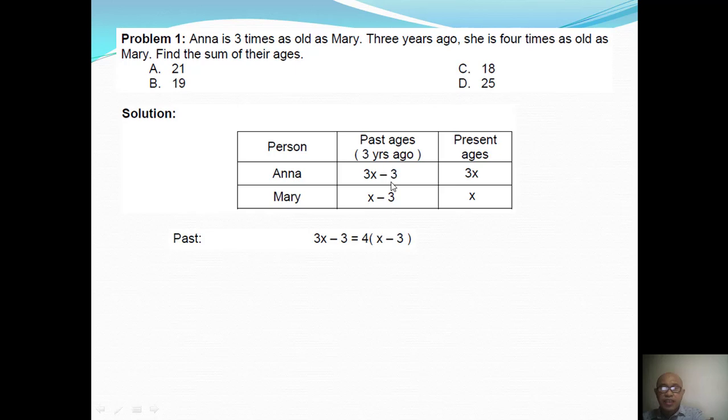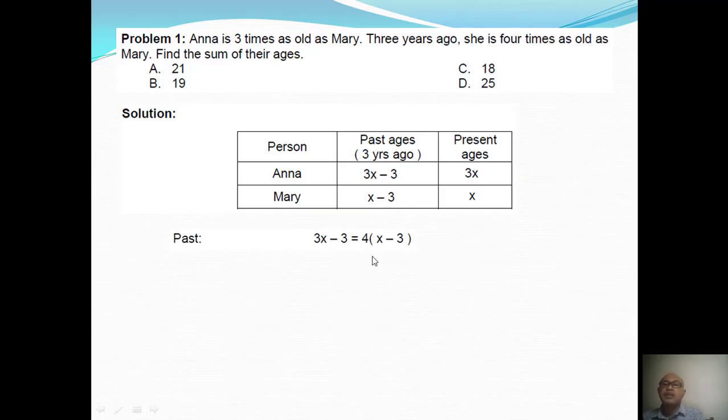These ages. So that is, in the past, the age of Anna is 4 times compared to the age of Mary. So we have here, 3x minus 3 is equal to, I mean 4 times, 4, hindi 3, 4 times x minus 3. Okay? So, in the past, Anna's age was 4 times Mary's age.